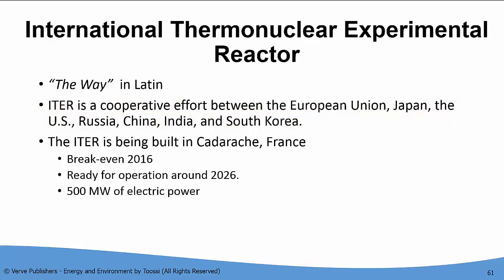They're expecting to reach the break-even point in 2016, and whether it happens or not, we don't know yet. They're hoping that by the year 2026, they will have some kind of experimental nuclear fusion reactor in operation, producing about 500 megawatts of electric power. Whether this happens or not remains to be seen.